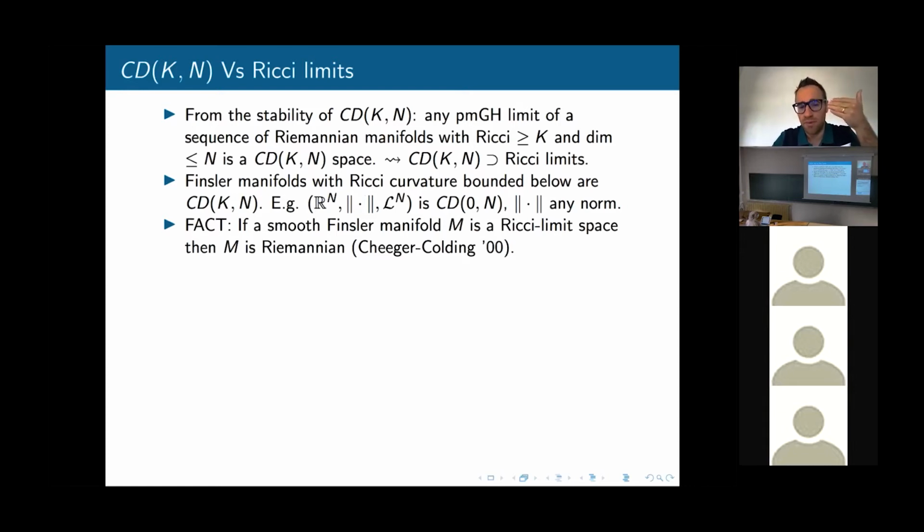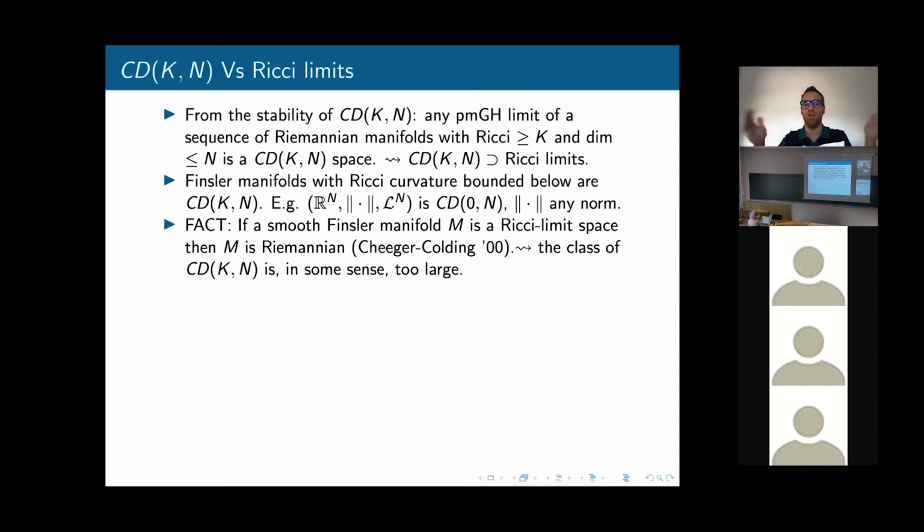So purely Finsler structures never appear as Ricci limit spaces. And so, in some sense, the class of CD(K,N) spaces is too large, because it contains too many objects if you want to study a synthetic class which contains manifolds and Ricci limits, but does not contain much more.